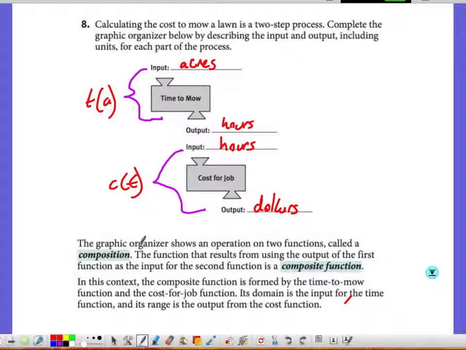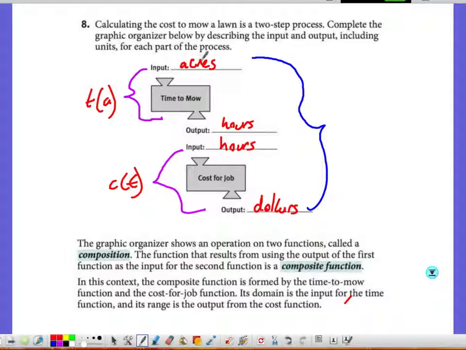Okay, let's see here. So now we arrived at the time where we have to form the composite function. What is going to be my composite function that takes me from acres straight to dollars?